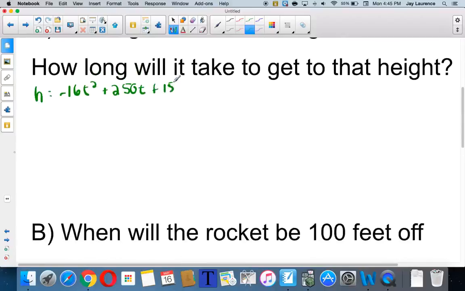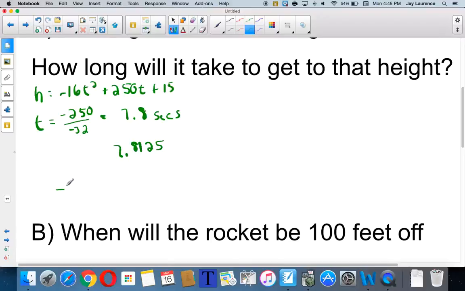All right, question A is all about the vertex. So the first thing I'm going to do is find the t coordinate of the vertex, negative b over negative 32. And when I simplify that to 32, I get about 7 8/10 seconds. That is the answer to the second part of A. Now to figure out the first part of A, I'm going to use this decimal, because when I punched it in the calculator, that's what it gave me.